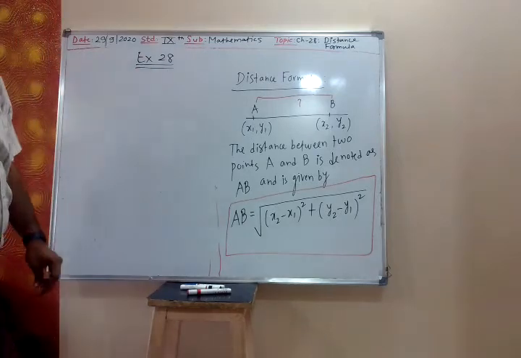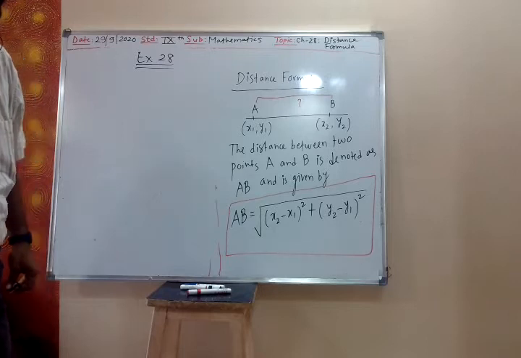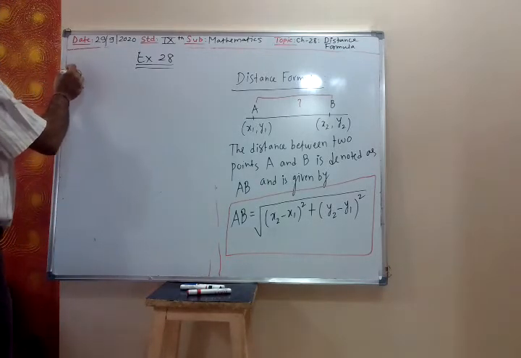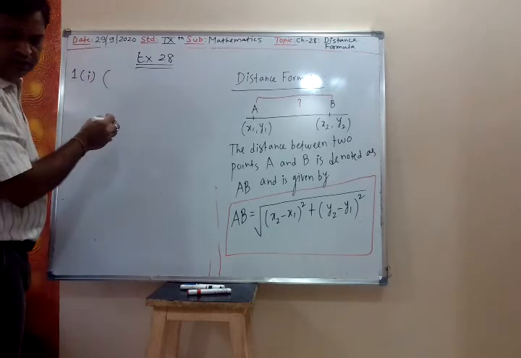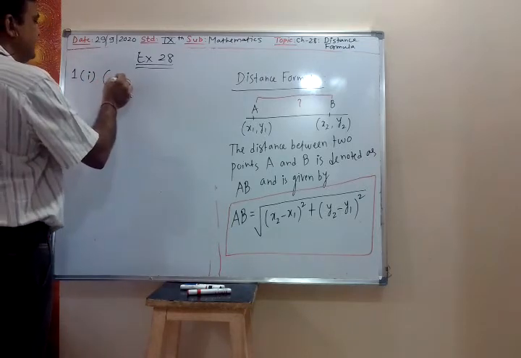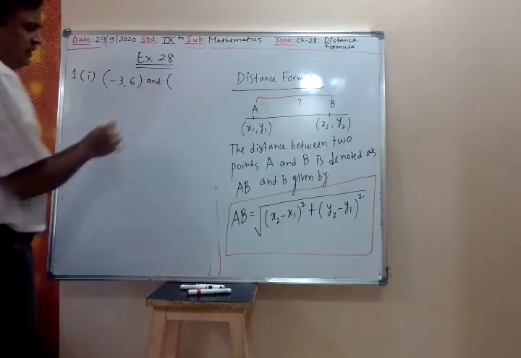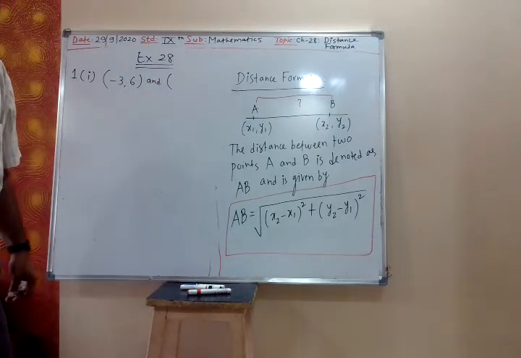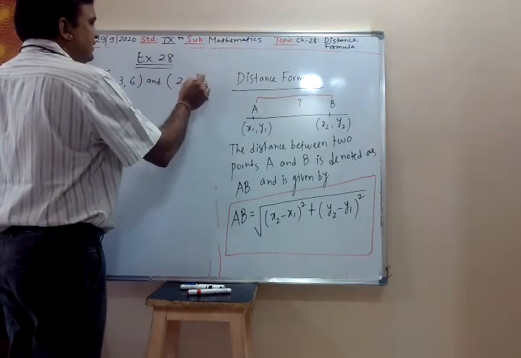Now one I will do. Find the distance between the following pair of points. First, minus 3 comma 6. Let us start with the simple part. Minus 3 comma 6 and 2 comma minus 6.